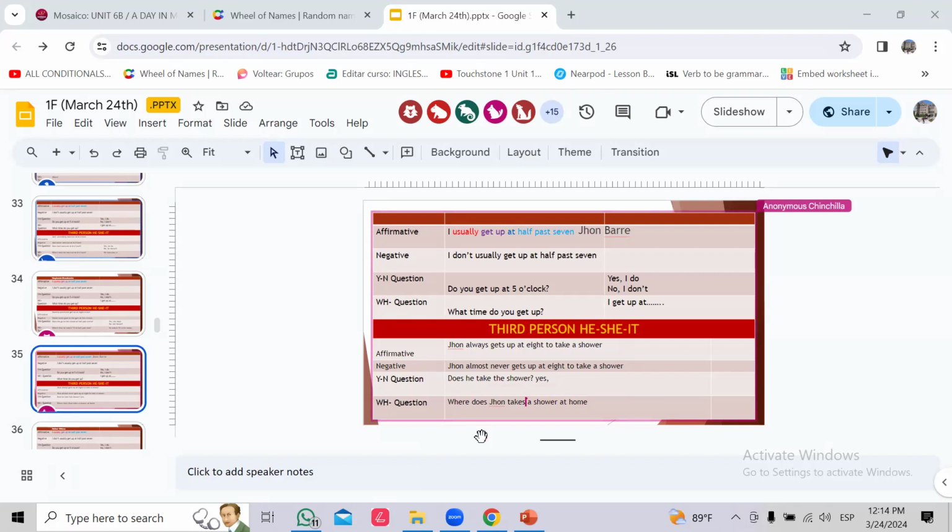Y la pregunta ya tiene el auxiliar de tercera persona. Entonces el verbo no va en tercera persona. Así, bórrele. Dame un ratito. Ya. Where does John take a shower?